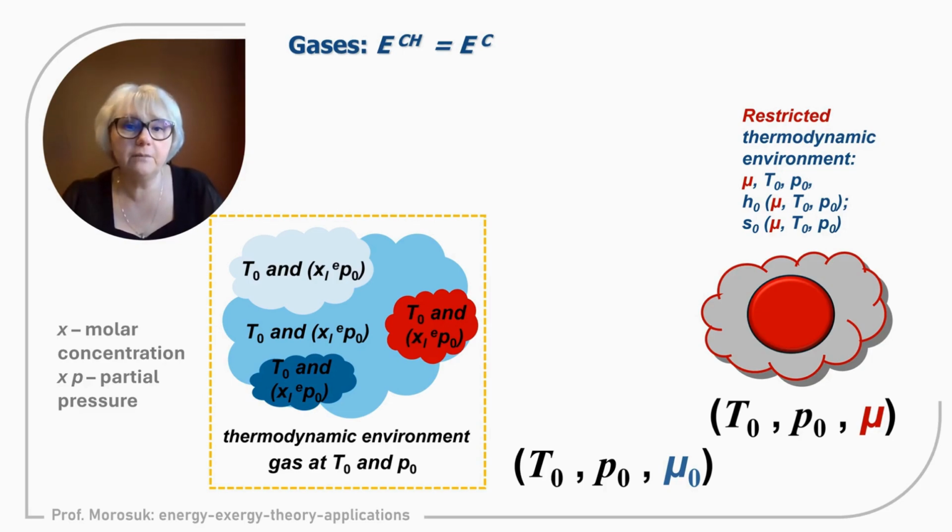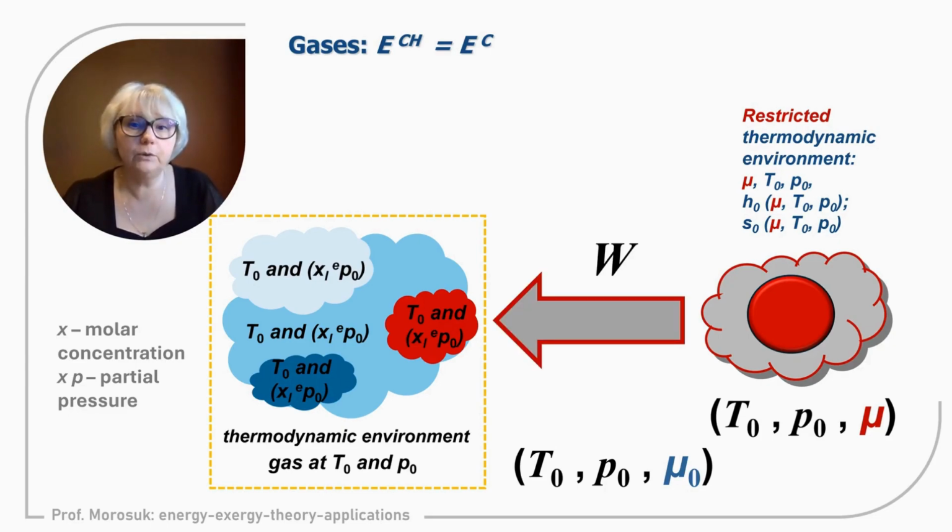And to calculate chemical exergy, now we need to change to the environment chemical potential, from the pure substance to the substance within the environment. And the work that will be produced during this expansion process will be the chemical exergy, or if we discuss in more detail, the concentration part of the chemical exergy. The reaction part does not exist for this example.